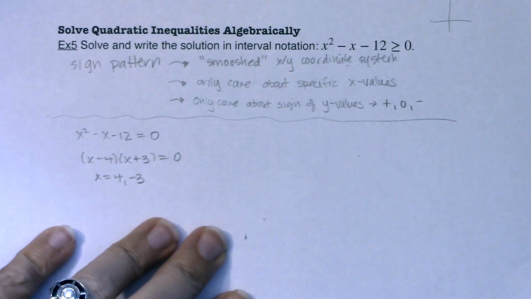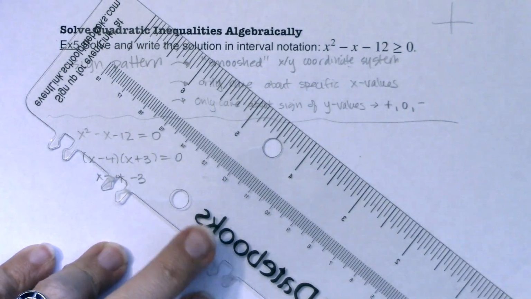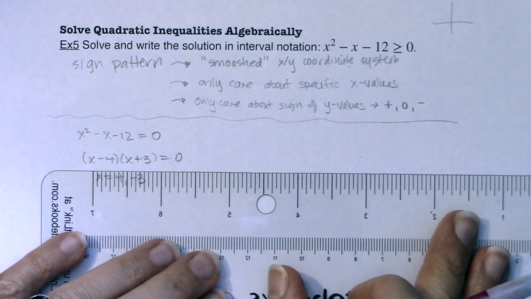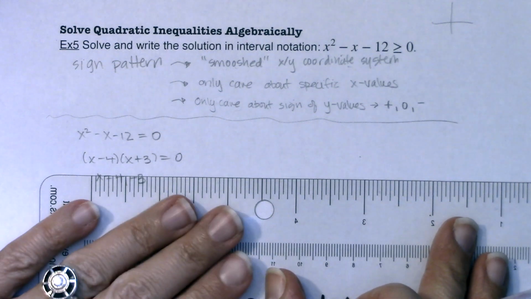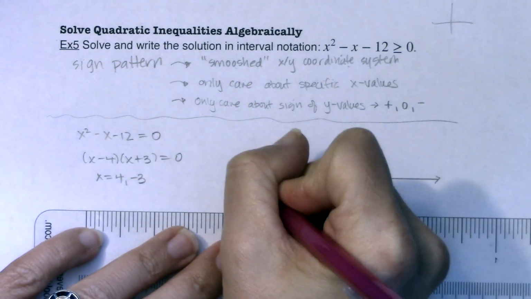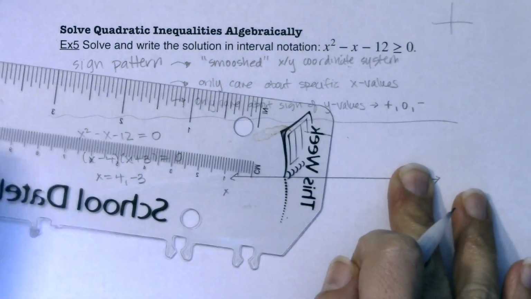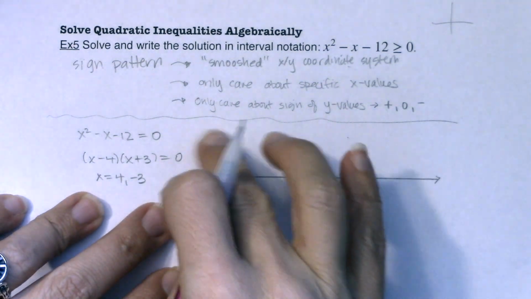Let's write our smushed xy axis. Let me write a number line, my horizontal x-axis. I'm going to put x's below my smushed xy axis, and y's above.